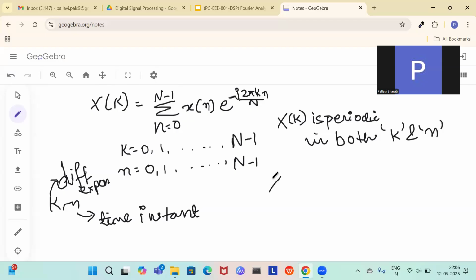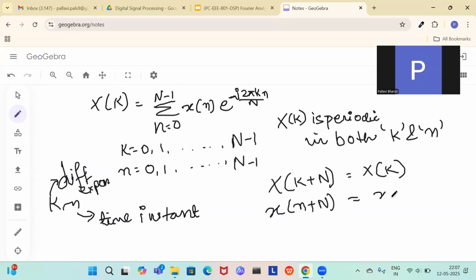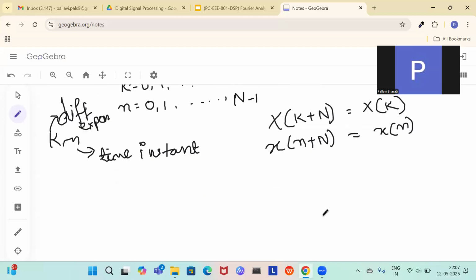So if you write X of k plus capital N, that will be equal to X of k. If you write x of n plus N, that will be equal to x of n. Now, what is the meaning of this? k means different exponentials and n means different time instants.